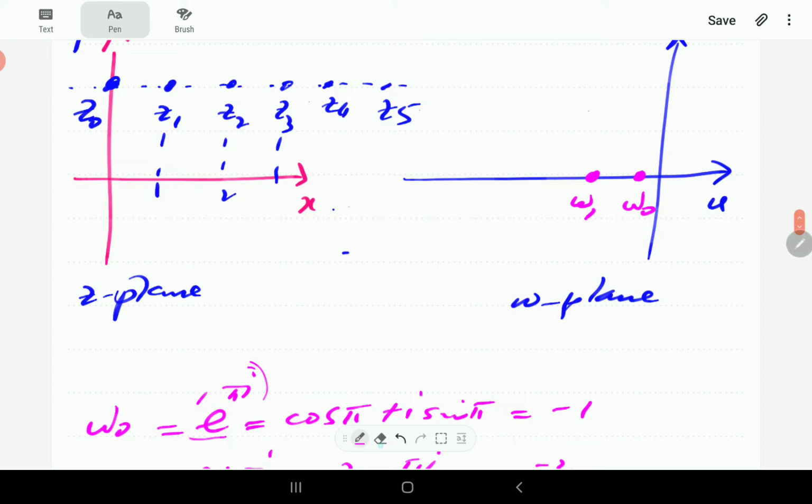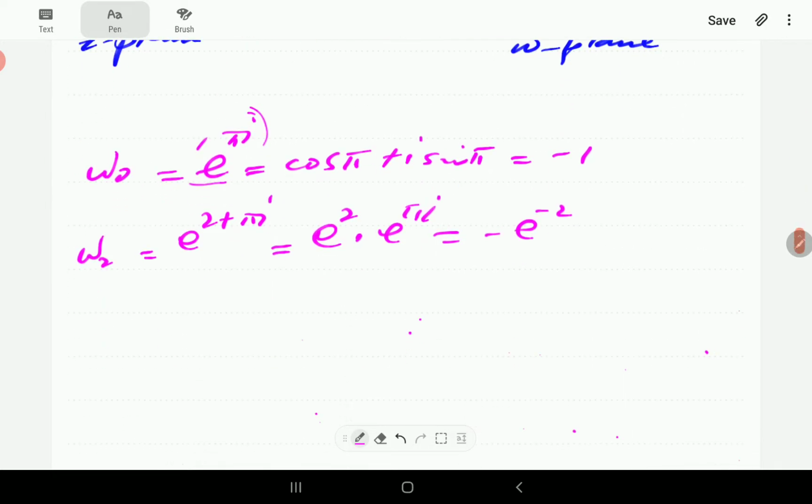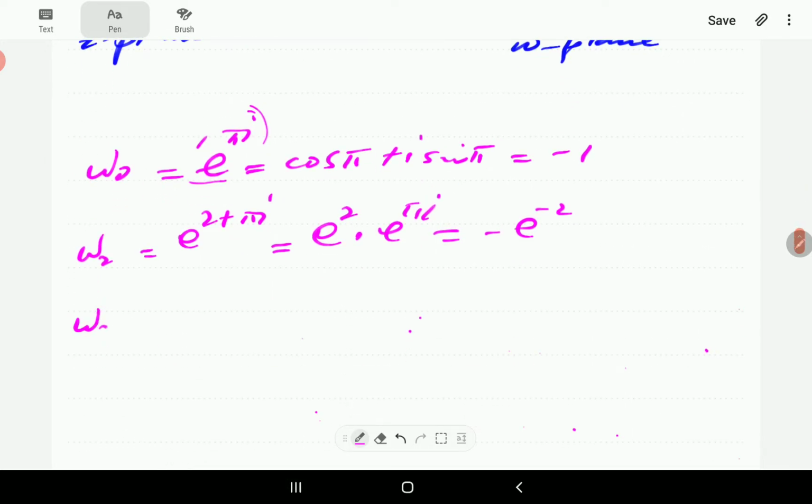The distances in our plot are not necessarily to scale, because if this is 1, then e squared is about 7.4, much further than that. But we're just going to plot them such that they all fit. Sorry, this is w2, we missed w1.